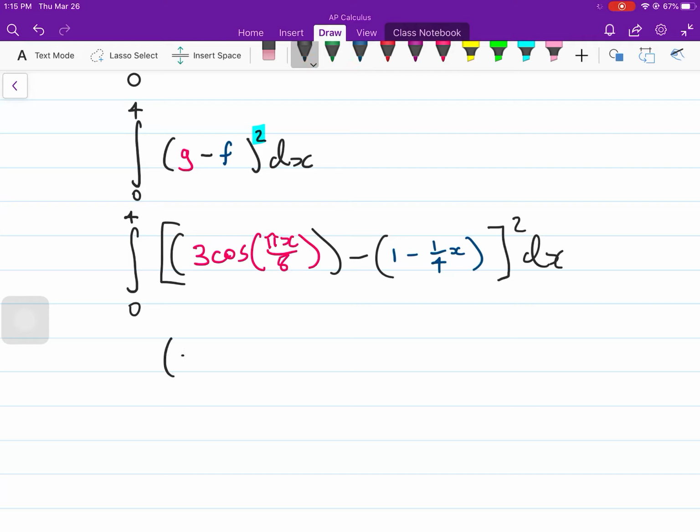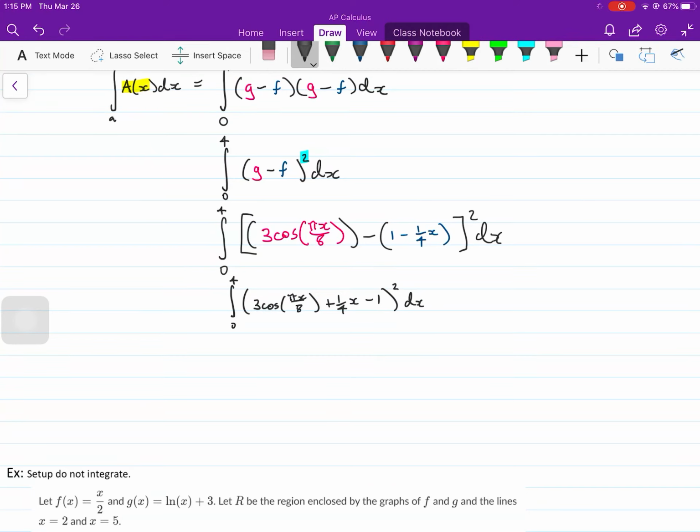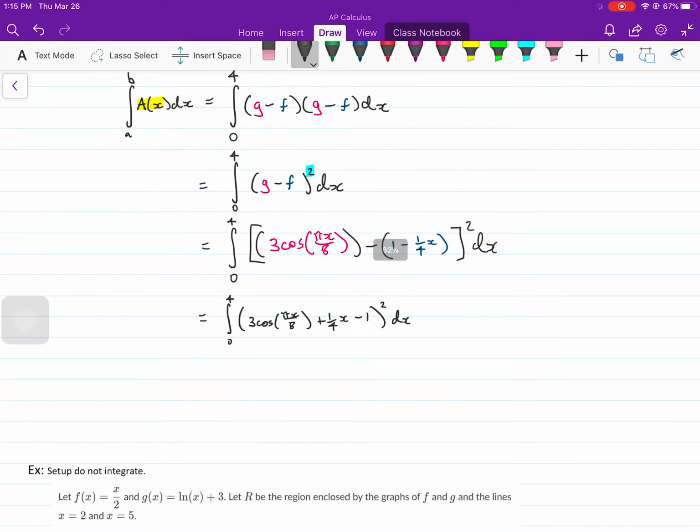We will have 3 cosine of pi x over 8 minus 1 plus 1/4 x. I'll just put the minus 1 at the end, and that's squared, of course, and we're integrating from 0 to 4. Remember, we're just supposed to set up. We don't need to solve this right here. This would be our answer, and that's all there is to it.